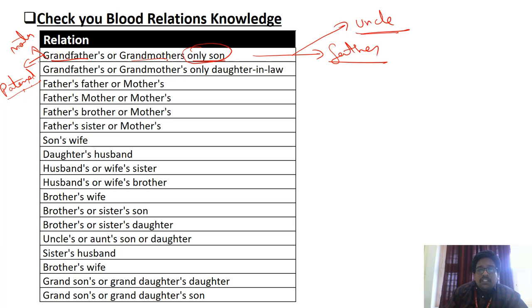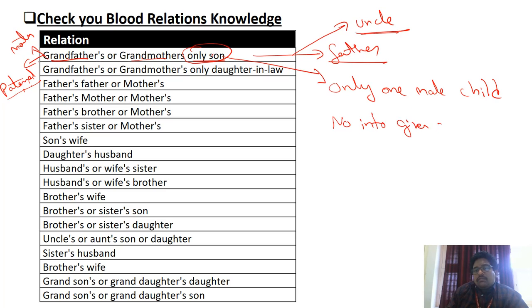Suppose it says your grandfather's only son. Does it mean your grandfather has only one child? No. Only son means your grandfather has only one male child. There is no info given on the female child. That's the one thing you have to make a note of.